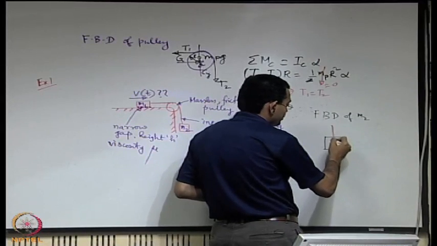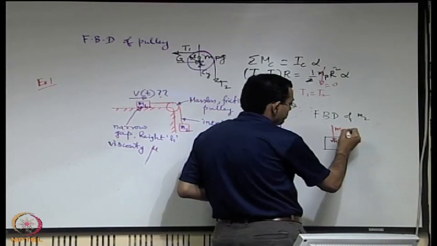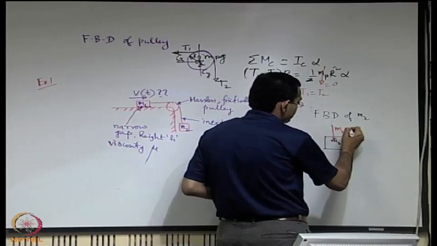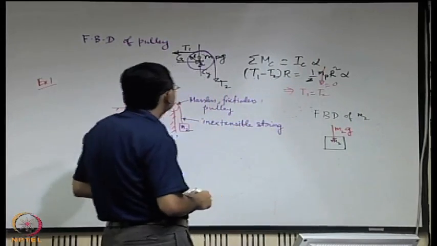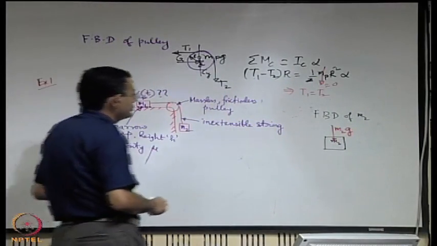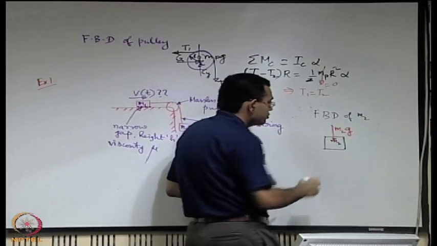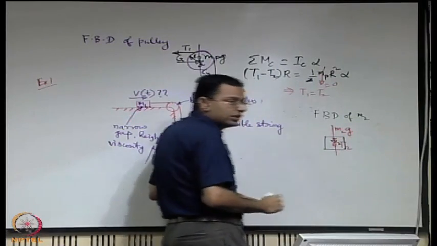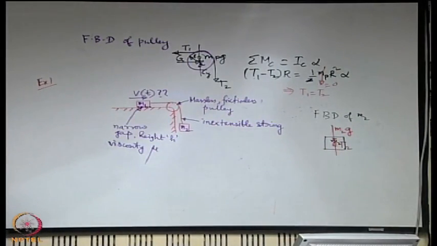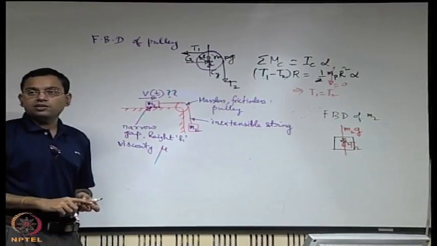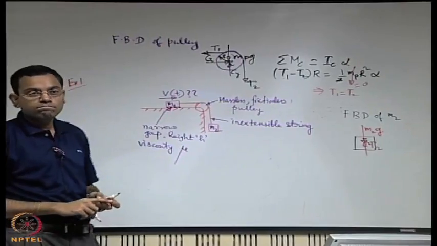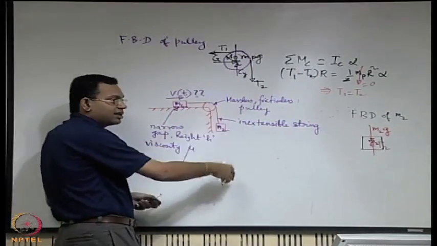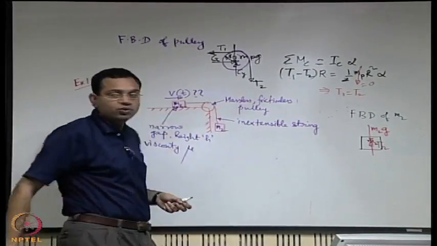So, you have the weight, then you have the tension, which is T2, of course T2 is equal to T1, and then if the system is released, what would be the direction of motion that you expect? So this is coming downwards and this is expected to go towards the right.